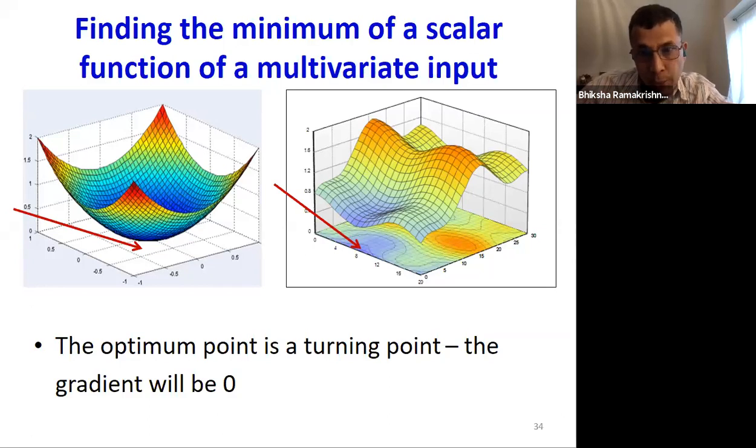So clearly the third one is the correct answer. You're trying to find the maximum decrease. You want to minimize f. For maximum decrease, you must walk exactly opposite to the gradient.